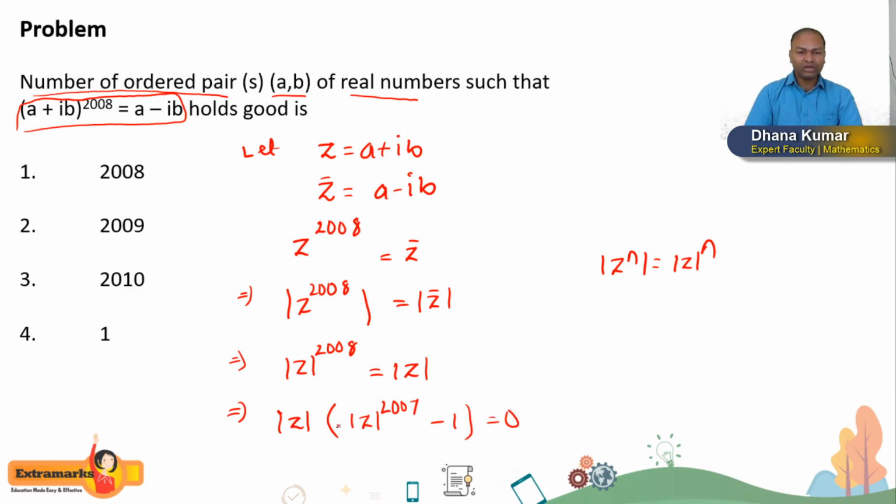Okay. Now a into b is equal to 0. Either a is equal to 0 or b is equal to 0. Implies mod z is equal to 0 or mod z power 2007 minus 1 equal to 0. Implies mod z is equal to 0 means what? z is 0. Okay.